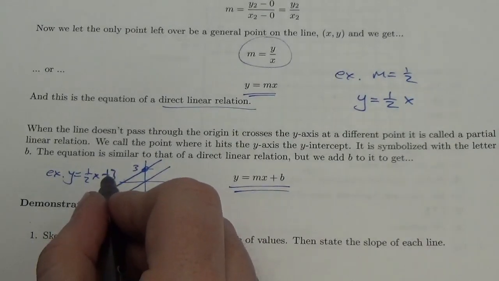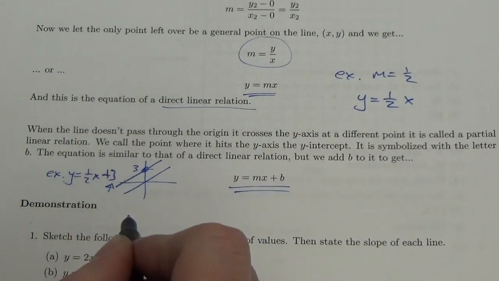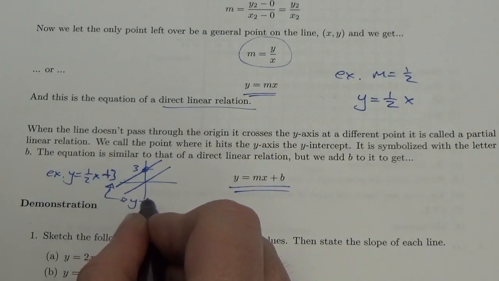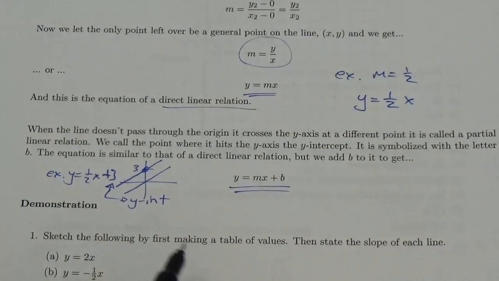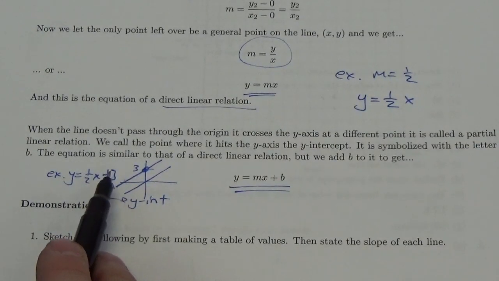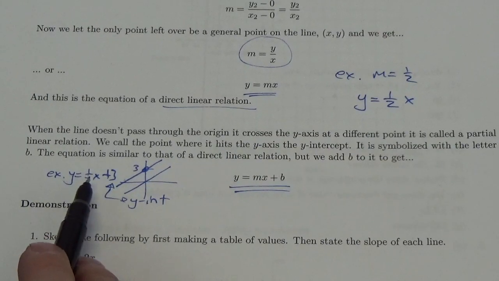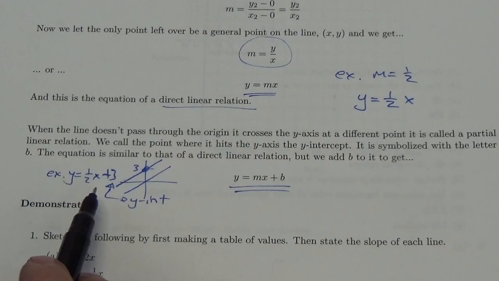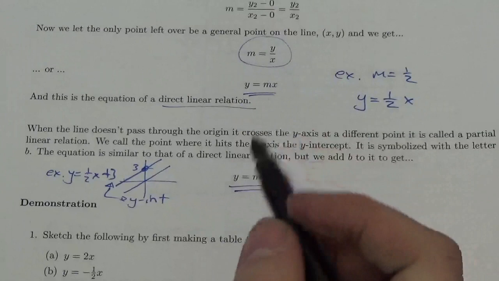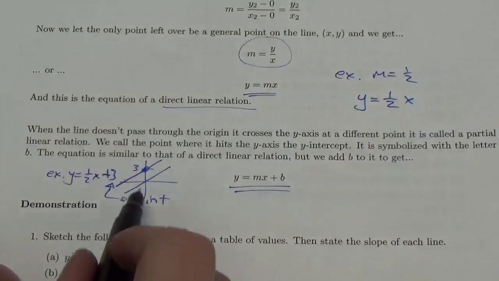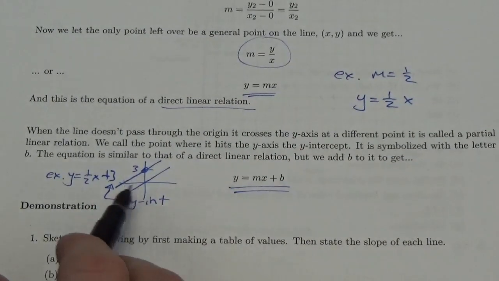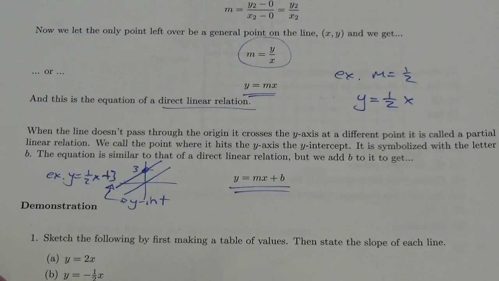And so that number at the end ends up being the y-intercept of the graph. Whatever number you add or subtract after you've calculated the slope multiplied by x ends up being exactly the number on the y-axis that my graph travels through. Anyway, let's take a look at some examples and see how this works.